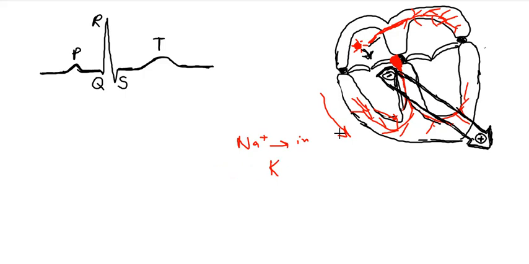Like I have already mentioned, negative current moving towards the negative electrode will produce what? A positive deflection.